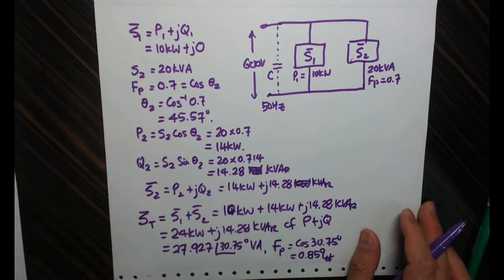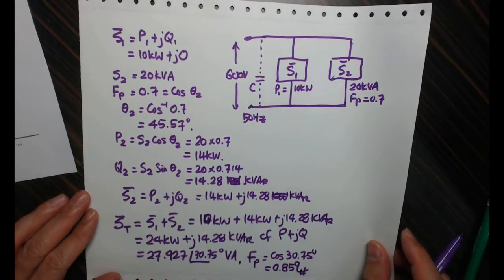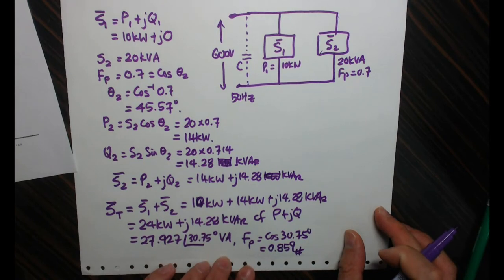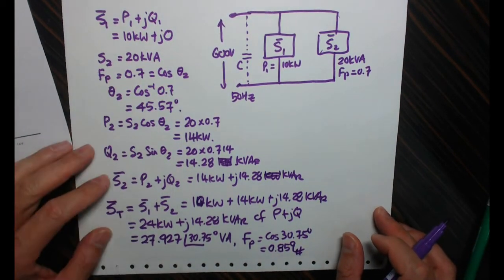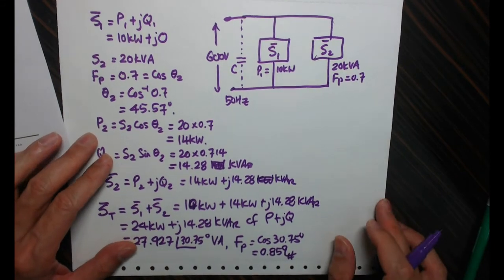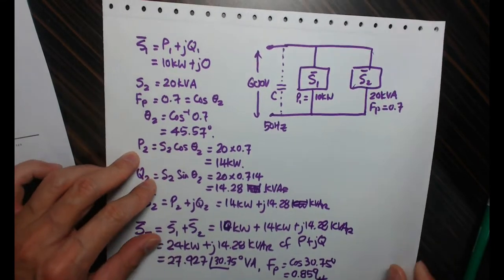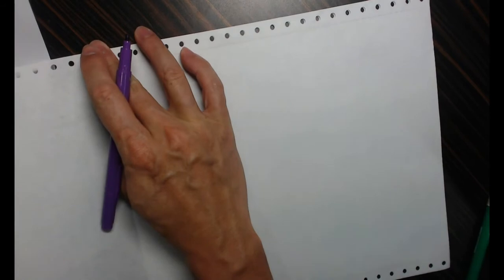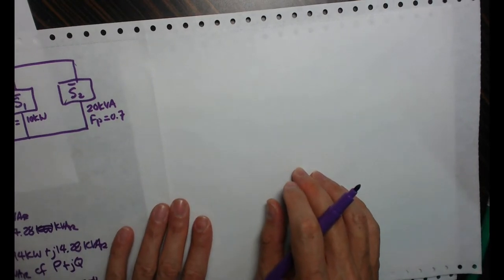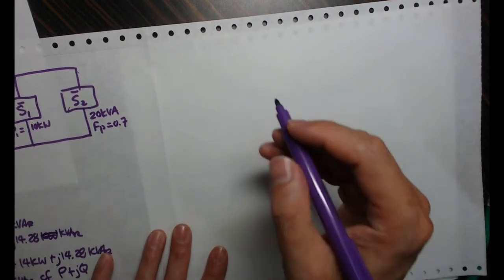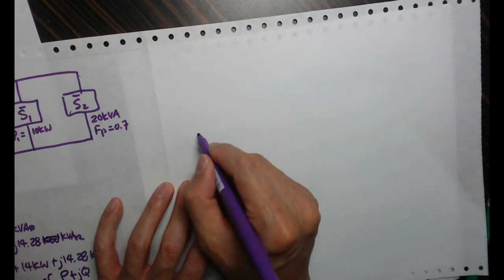Right? So now what we want to do is to determine what should be the capacitance here. To do that, it's useful to draw a power triangle and then see how it must change. So the present power triangle is given as follows.